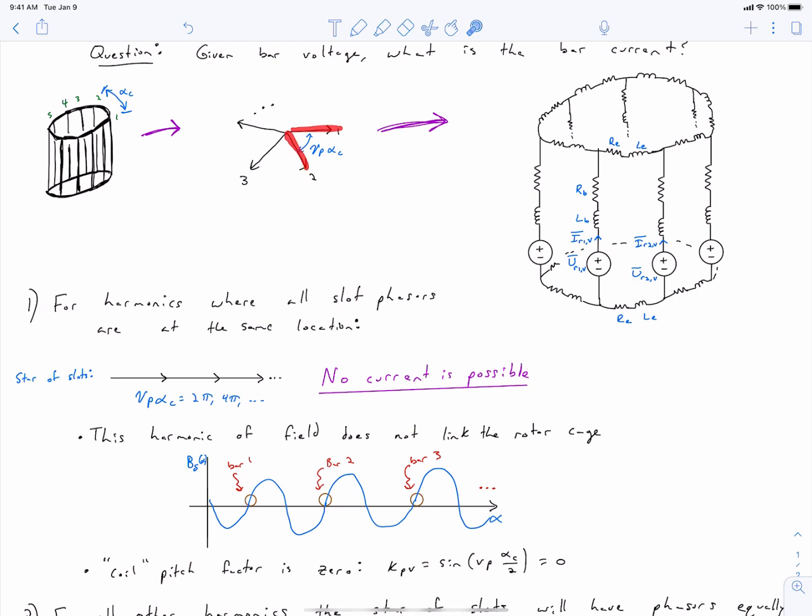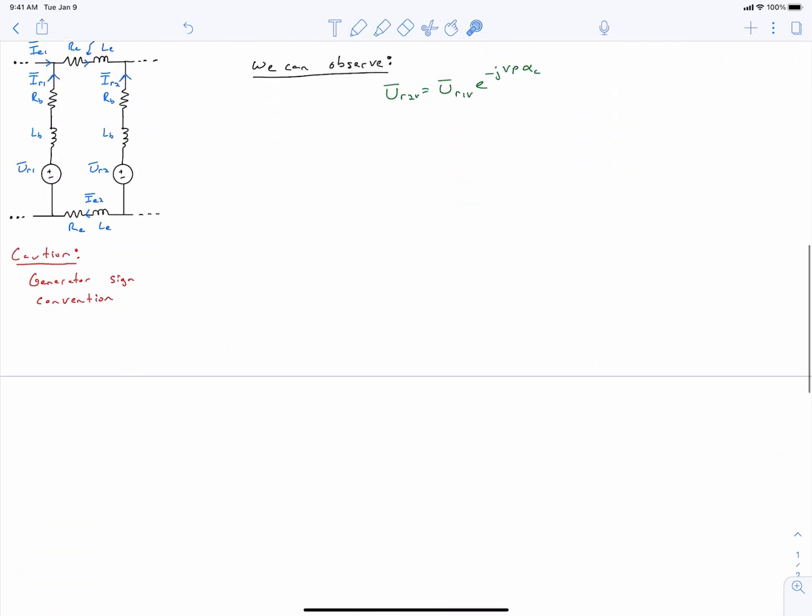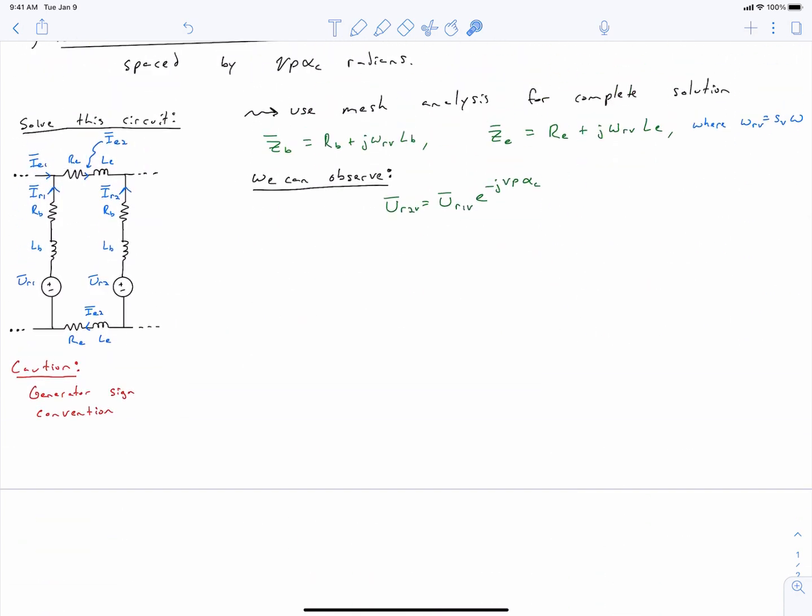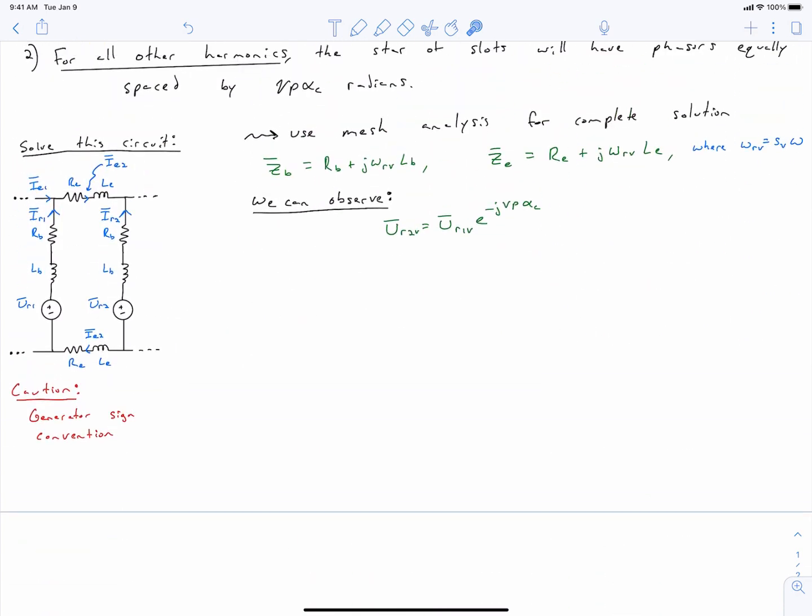Our bar 2 phasor has been rotated in the clockwise direction by VP alpha C. And since we can say that, we can also observe that we're going to see the same rotation in our currents. That is, IR2 is going to be rotated from IR1 by that same angle, and IE2 is going to be rotated from IE1 by that same angle.